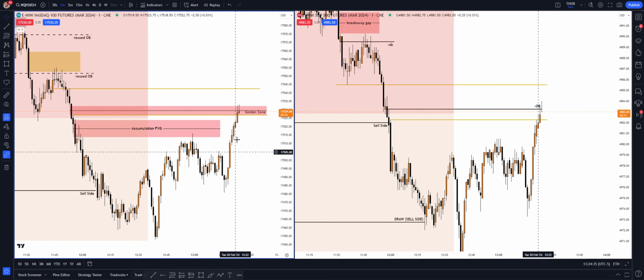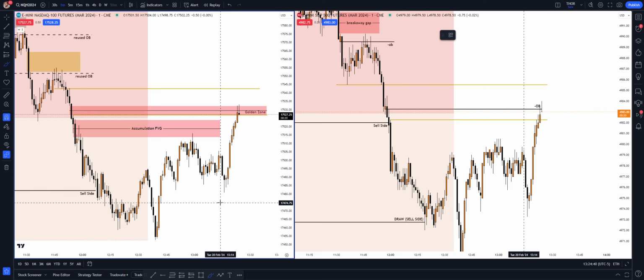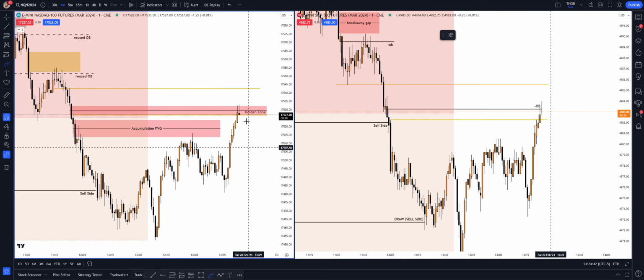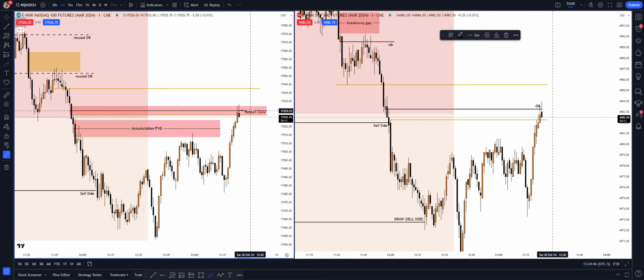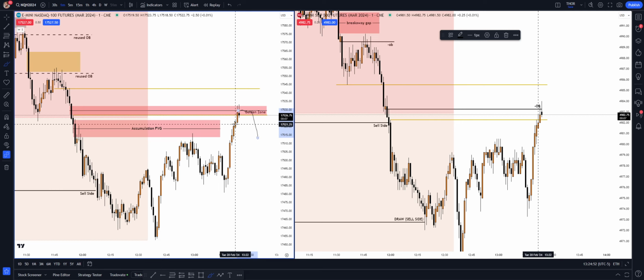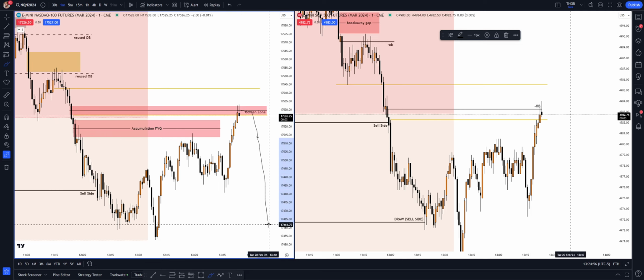We have multiple fair value gaps here, so what I would expect from this price action is two things can really happen here. Either Nasdaq starts consolidating here a little bit, prints like 5 candles or so, right? Then collapses. The first couple fair value gaps here trap the longs, and then break below.